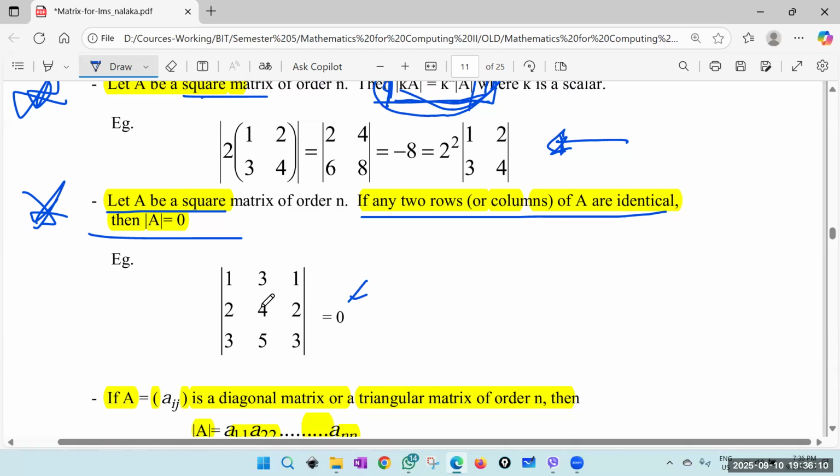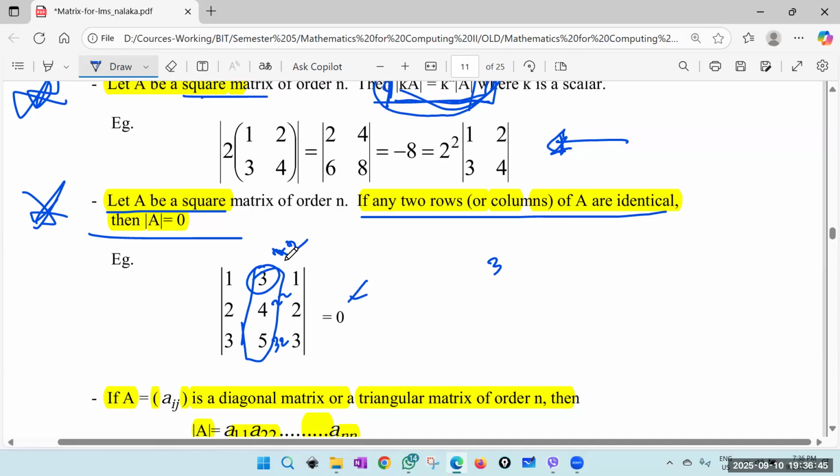Right. So let's see, for one example, you can take any row or any column. For example, I will take the second column in this case. So 3 into, this is 1, 2, this is 2, 2, this is 3, 2.